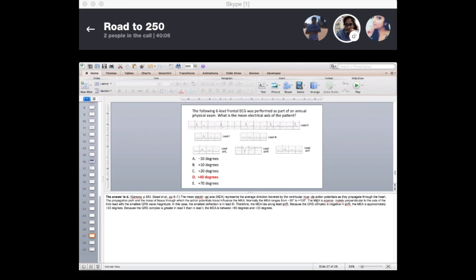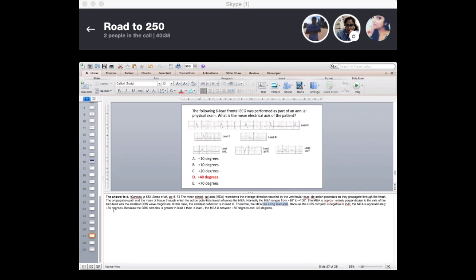So the mean electrical axis is perpendicular to the axis of the limb lead with the smallest QRS wave magnitude. In this case, the smallest deflection is in lead 3. And therefore, the mean electrical axis lies along aVR, and in aVR the deflection is negative.